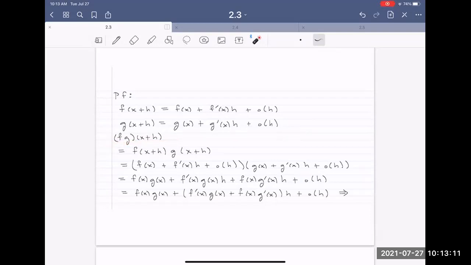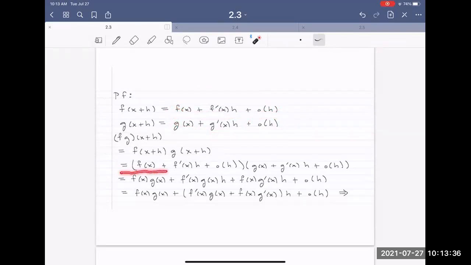So let's look at (f times g) evaluated at x+h. Well, (f times g)(x+h) by the pointwise definition is equal to f(x+h) times g(x+h). And we know each of these. So this is equal to the product of these.